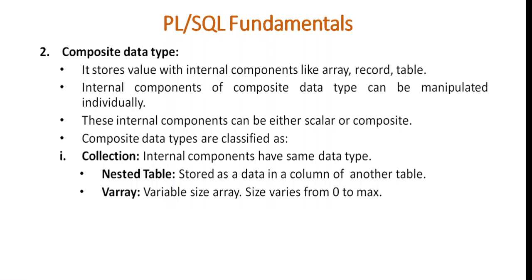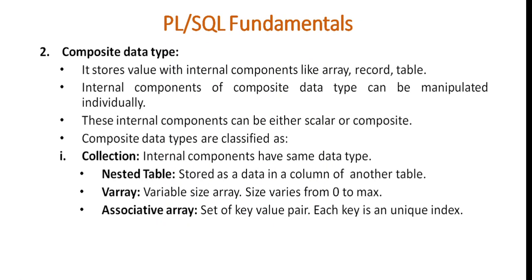So when we say collection, then all the internal components are of same type. So in nested table also we have same type of data. In array also we have same type of values in one variable. Then next category under collection type is associative array. Okay, so associative array is used to store key value pair.